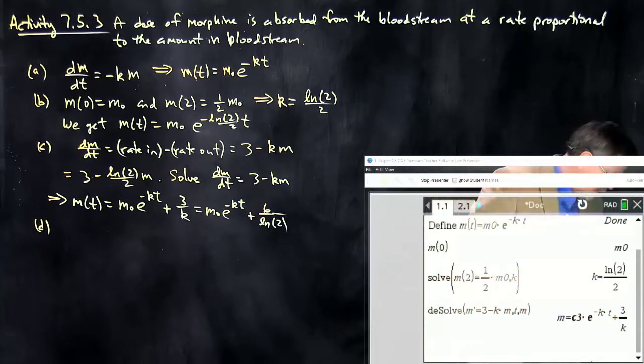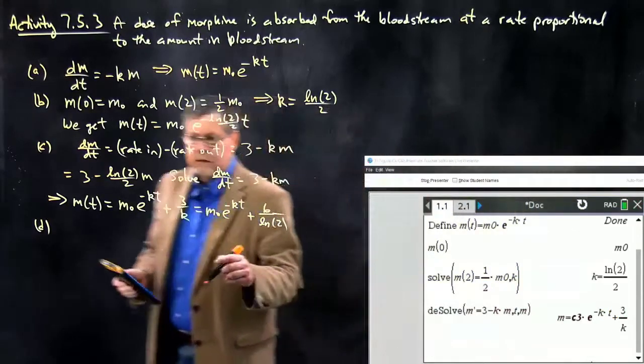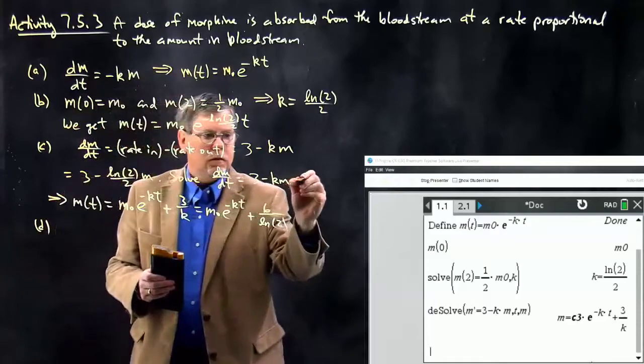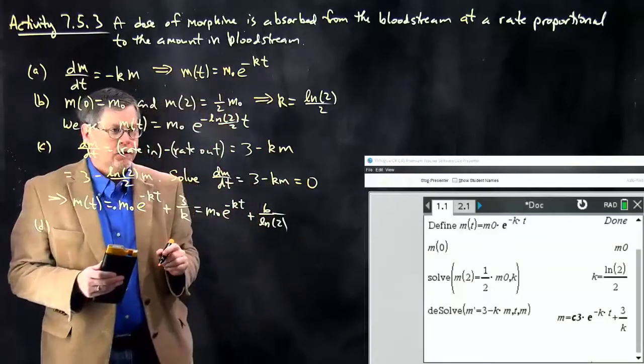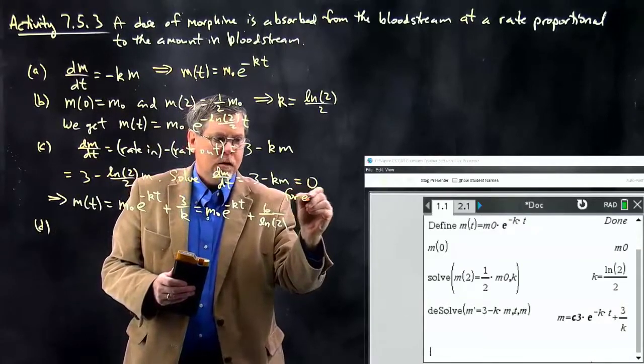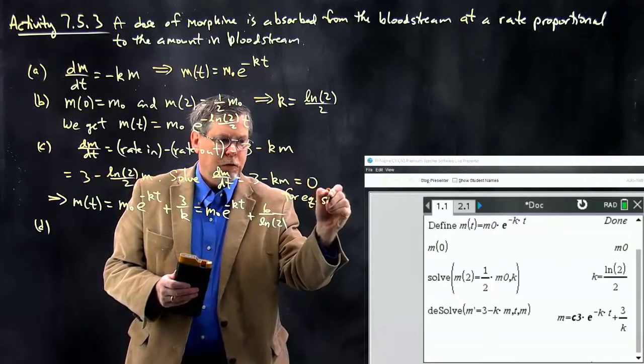So we want this slope, this guy right here, to turn out to be 0 for equilibrium solutions.